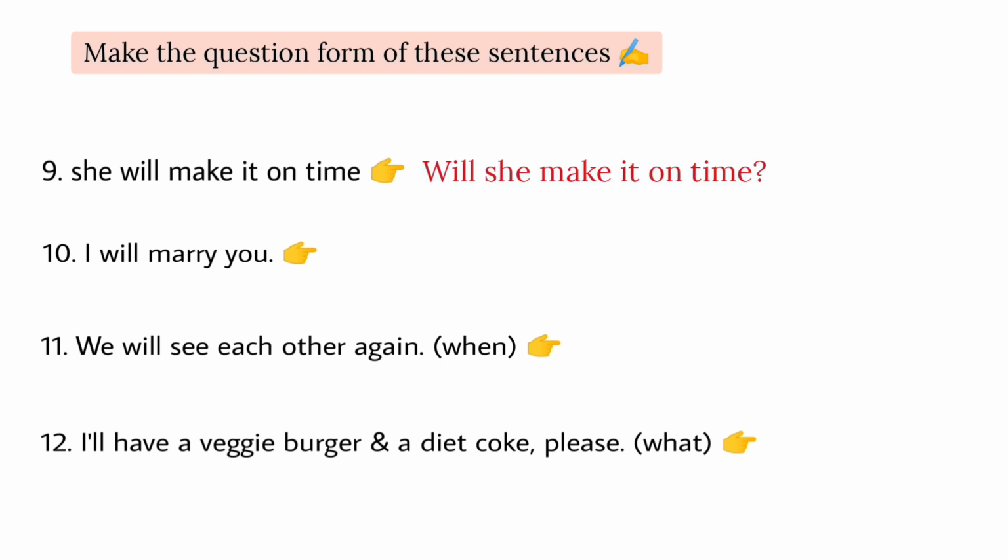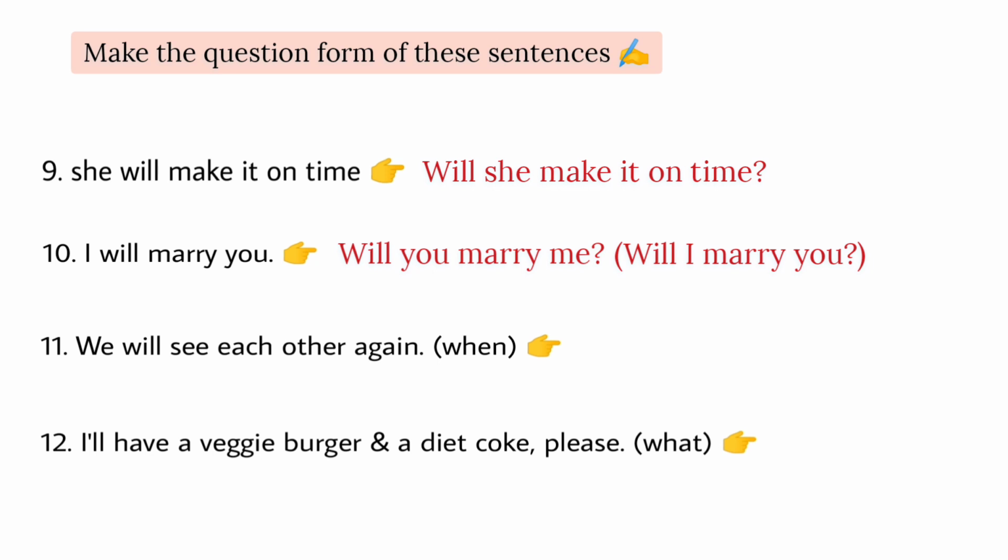Will she make it on time? I will marry you. I have to bring will to the beginning of the sentence. Will I marry you? Or it's better to say it like this: Will you marry me? So the answer can be, I will marry you.